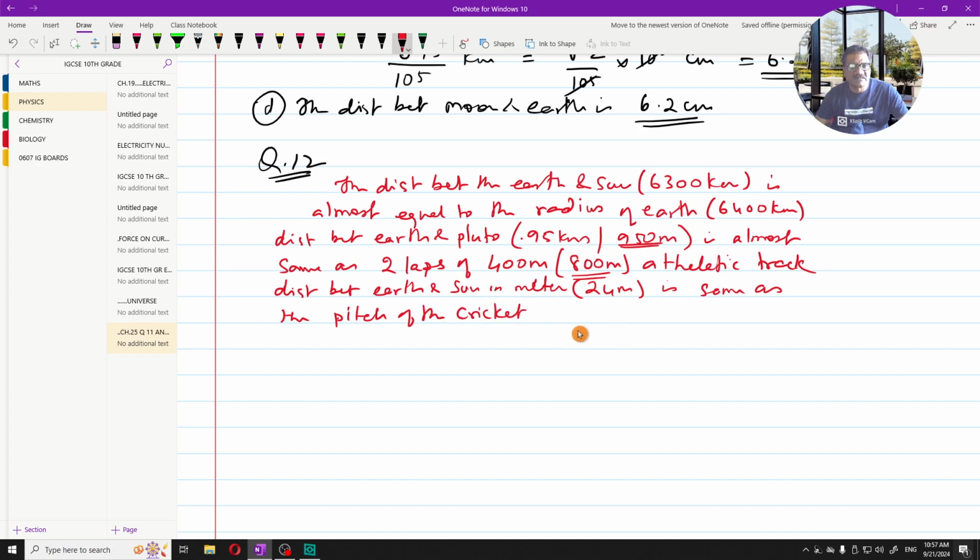The pitch of the cricket is how much? It is 20 meters, right? So this is almost 24 meters. The pitch of the cricket they have given you as 20 meters, so you can compare that with that.